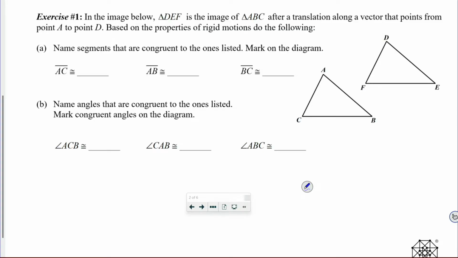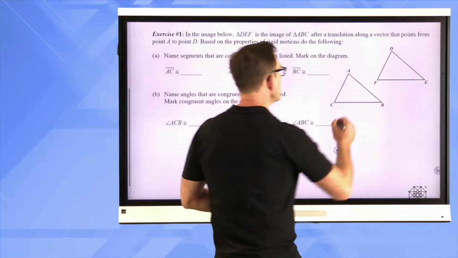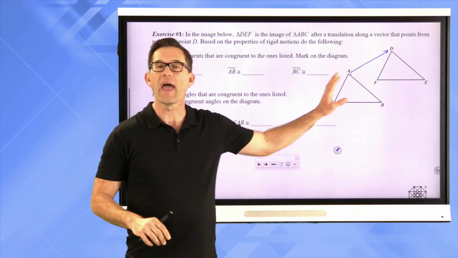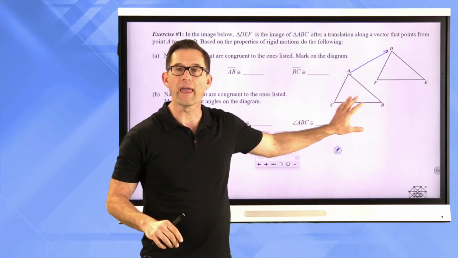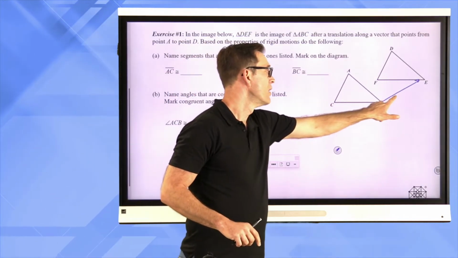All right, so just to make sure, the idea here is that there's a vector that points from point A to point D, and I took every point in triangle ABC and I mapped it using that vector.